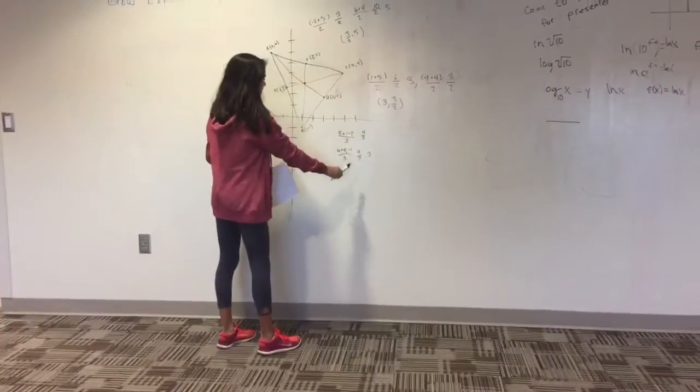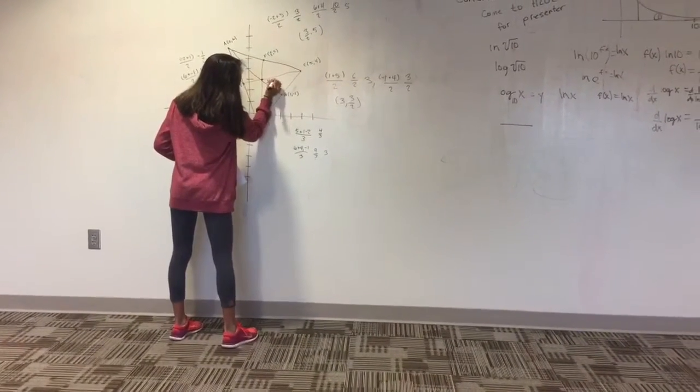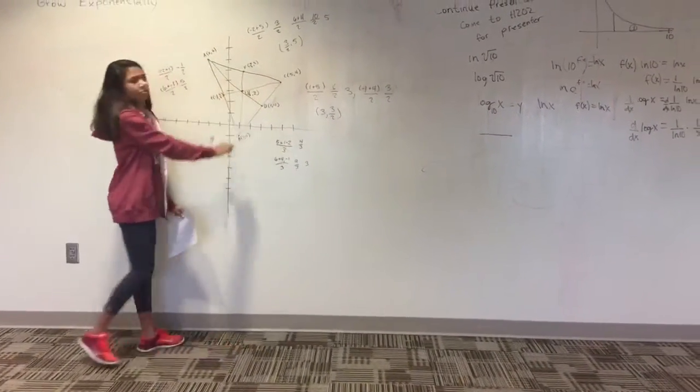So after you do this, the coordinate is 4 over 3, and that is the coordinate for the centroid.